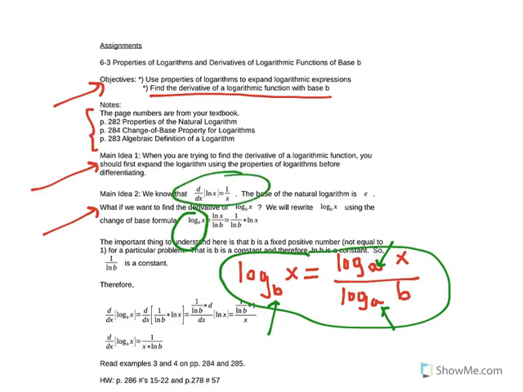So how do we rewrite log base b of x? Well, here's the change of base formula. When we change base from b to e, we will have log base e of x divided by log base e of b. But log base e is written natural log, so we have natural log of x divided by the natural log of b.